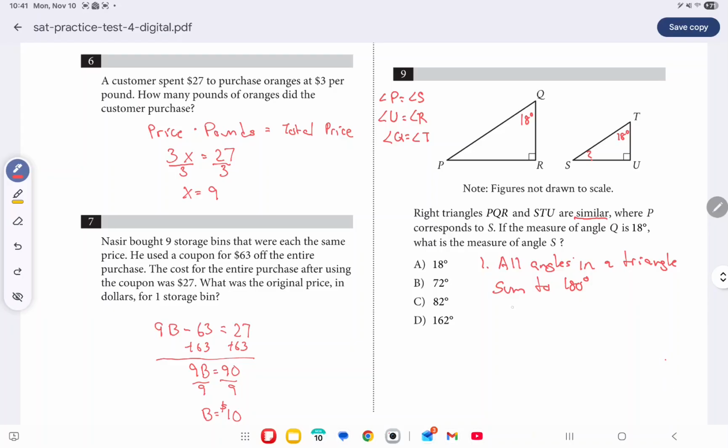So that means angle T plus angle S plus angle U is equal to 180 degrees. We know that angle T is 18. We don't know what angle S is. And we know that angle U is equal to 90. So we subtract 108 from both sides, and we get angle S is equal to 72 degrees.